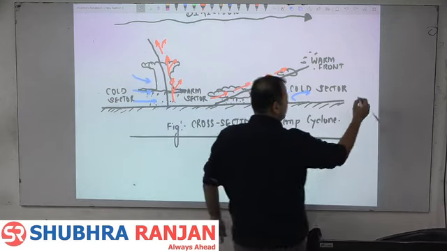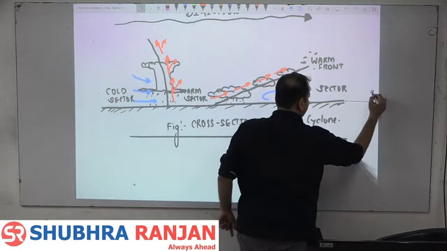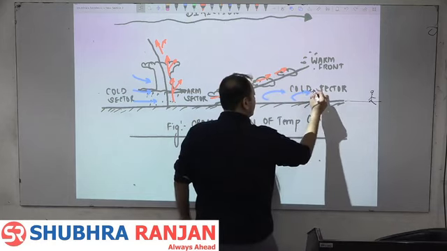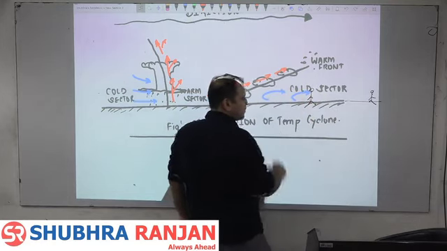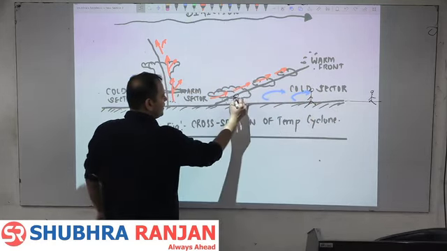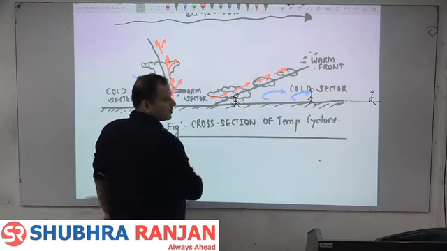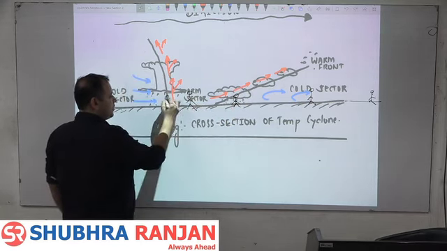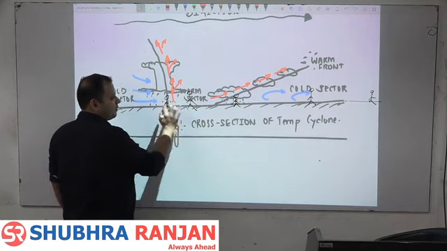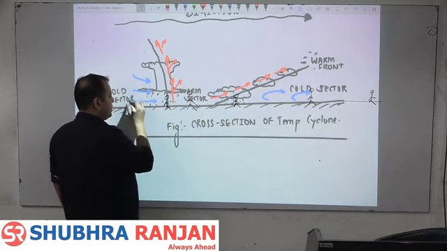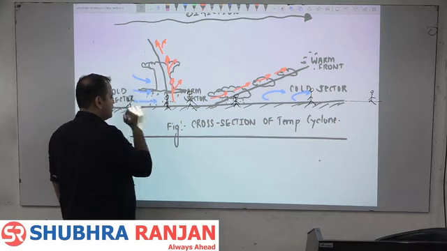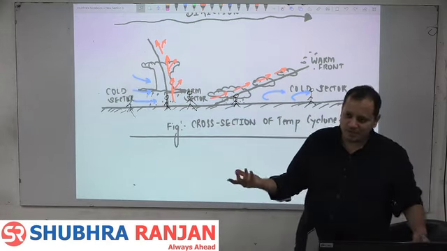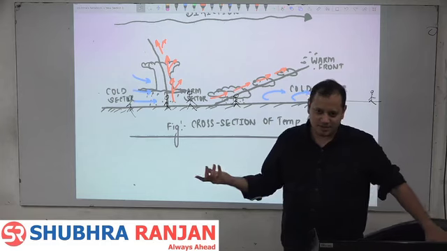So you are initially here. That is the first point. Then you come here, that is the second point. Then the third point, then the fourth point, then the fifth point. Fronts' precipitation will be different. And then the sixth point. These are the 6 points associated with the weather conditions of the temperate cyclone.